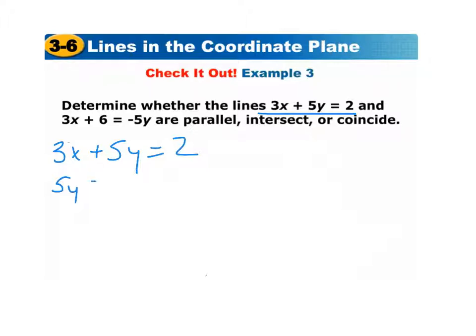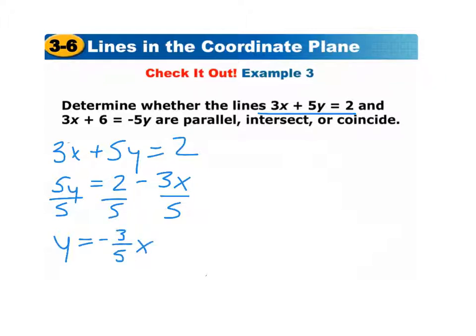Okay, subtract 3x then. Now what do we do? Divide the 5. So we have y is equal to 2 over 5 minus 3x. I'm just switching the order of these two to keep it in slope-intercept form. So we have negative 3 over 5x plus 2 over 5.